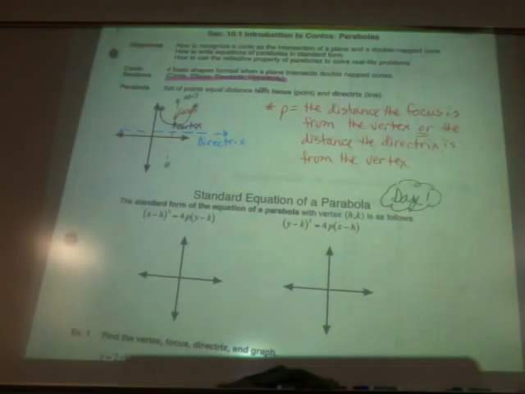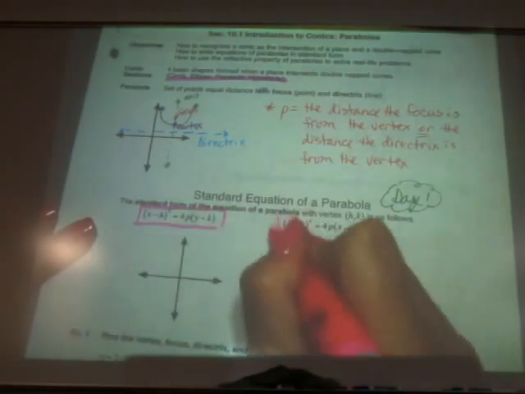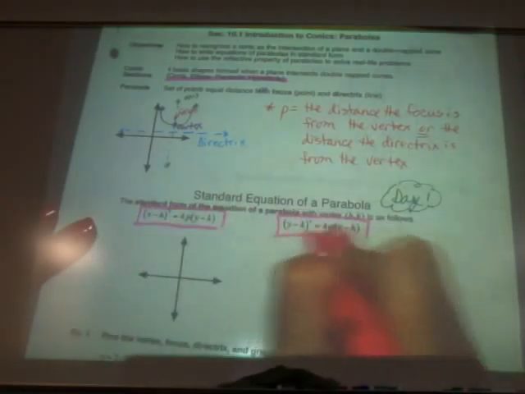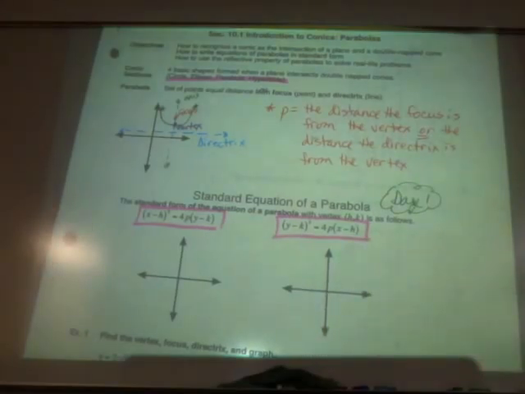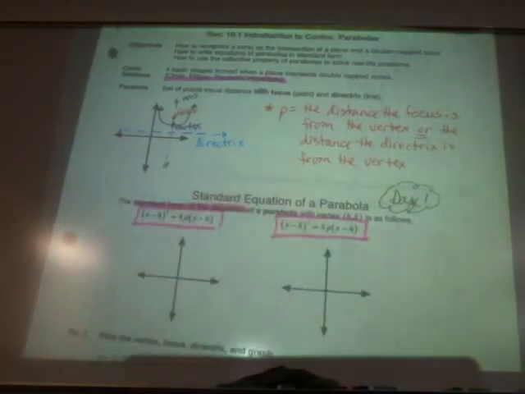So before I get to some specific problems, let's talk about the two formulas themselves. You need to learn these two formulas. So here's formula 1 and formula 2. Can you tell me the difference between the two formulas? This is called standard form, by the way. It's definitely different than what you learned in Algebra 1-2. I like this form a whole lot better. It makes a whole lot more sense.